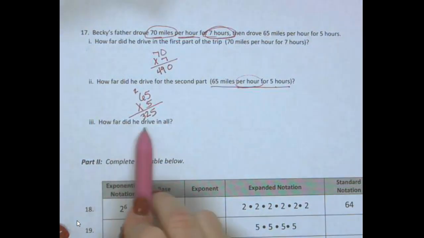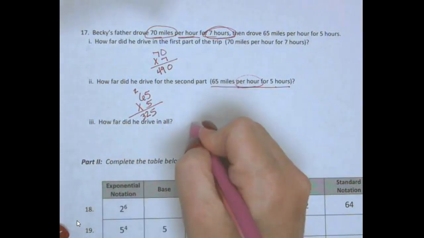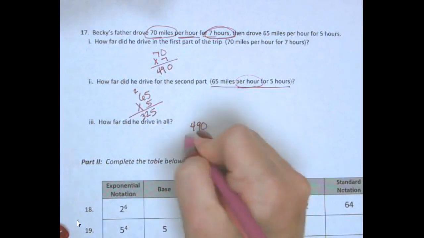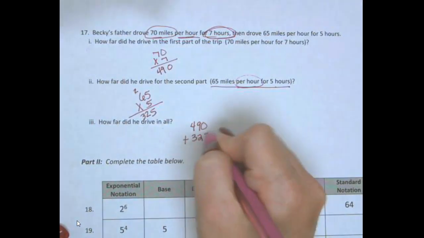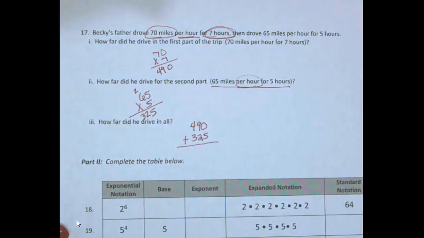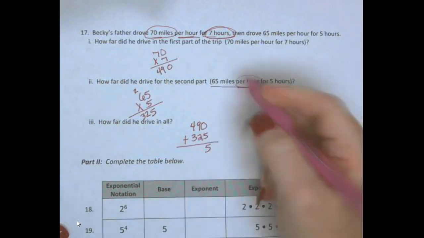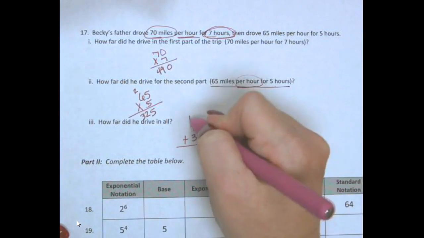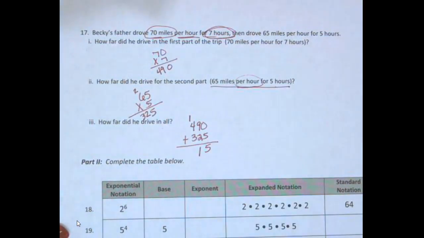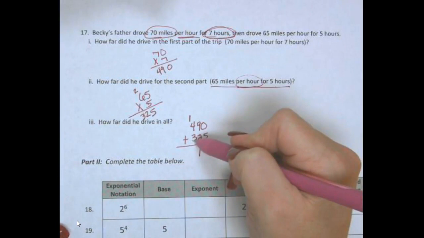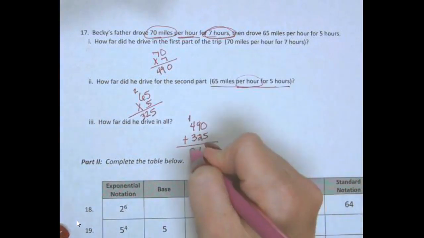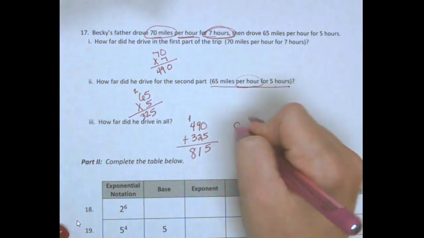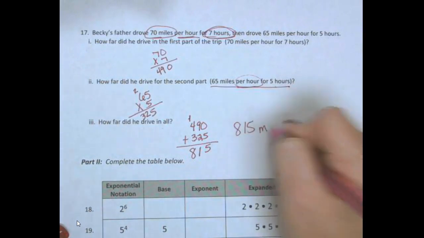So how far did he drive in all? So this is 490 plus 325. 5, 9, 10, 11. Carry my 1. 4 plus 3 is 7, plus 1 is 8. So 815 miles.